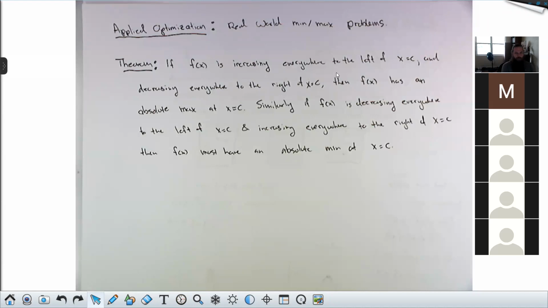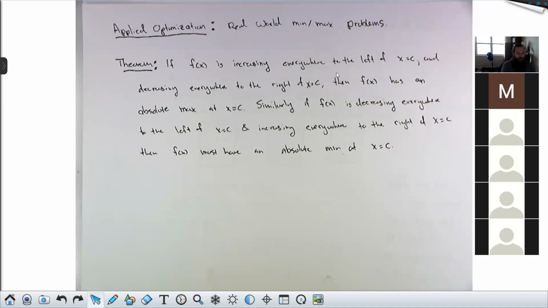If your function is restricted to a closed bounded interval, then the way you find the absolute max or absolute min is to find all the local maxes or local mins, and then compare the value of the function at the endpoints. Take the biggest of all of those, that'll be your absolute max. The smallest of all of those will be your absolute min.